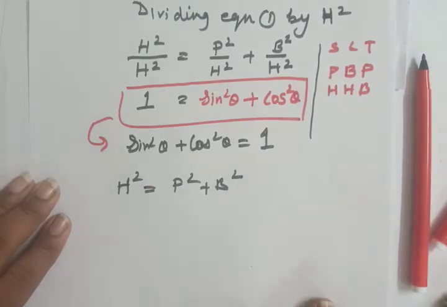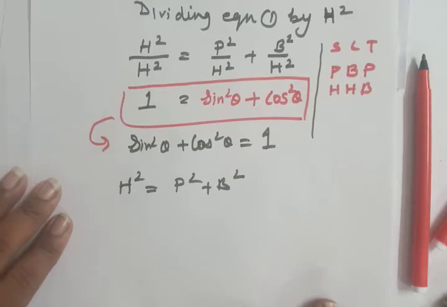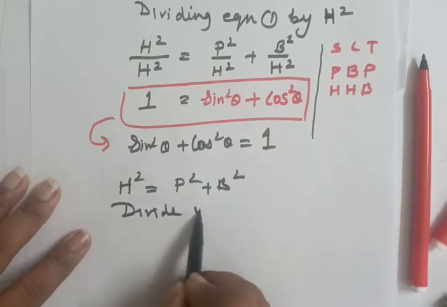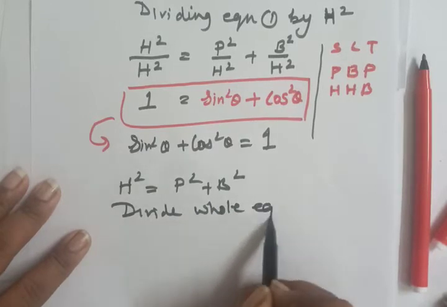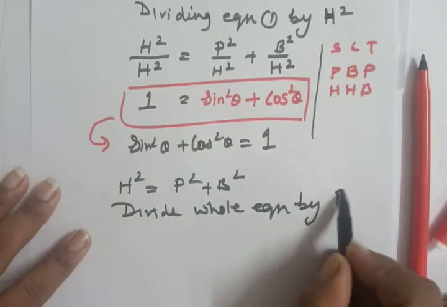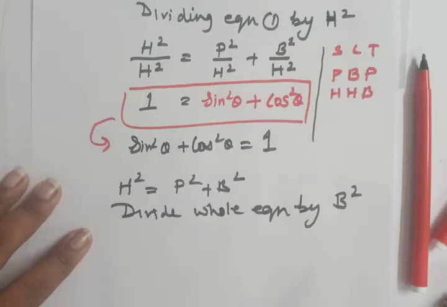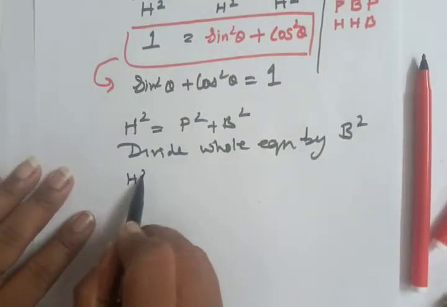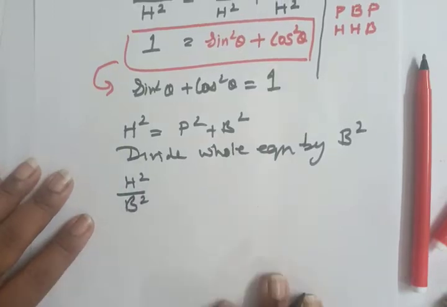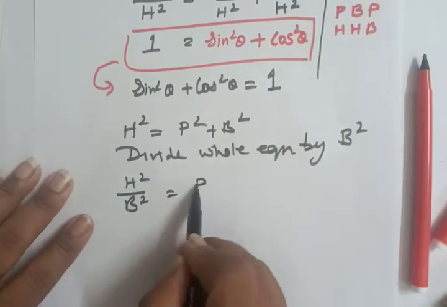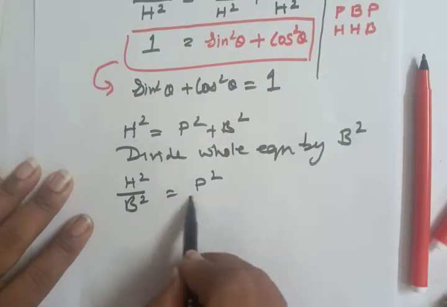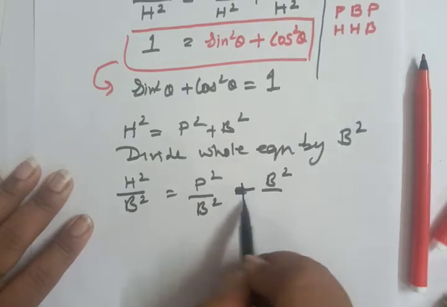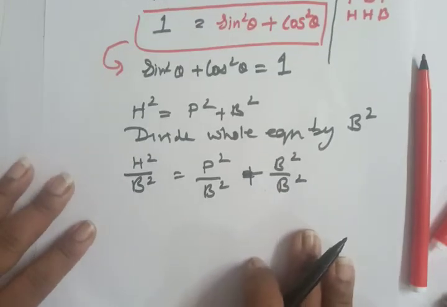Hypotenuse square is equal to perpendicular square plus base square. Now what we are going to do is divide the whole equation by base square. Now hypotenuse square upon base square is equal to perpendicular square upon base square plus base square upon base square, that will equal 1.